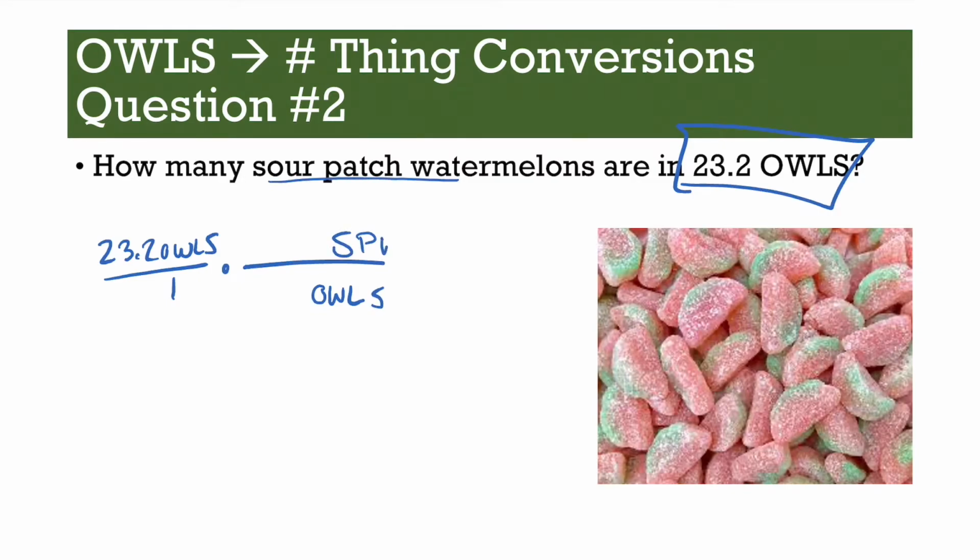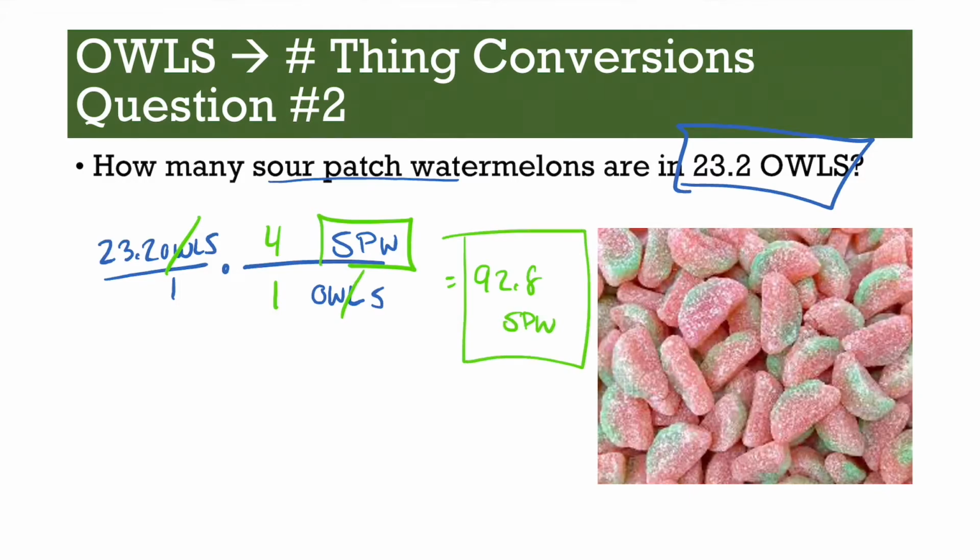Because of this made-up unit, we know that 1 owl is 4 Sour Patch watermelons. So our owls cancel, leaving us with Sour Patch watermelons, and we get 23.2 times 4, which gives us 92.8 Sour Patch watermelons. And that is it.